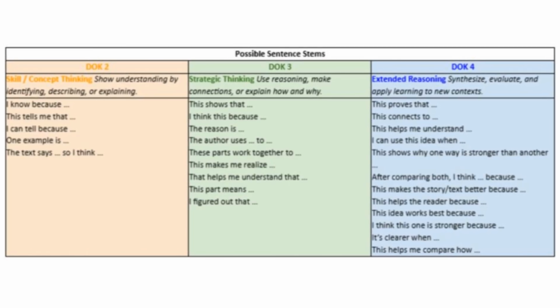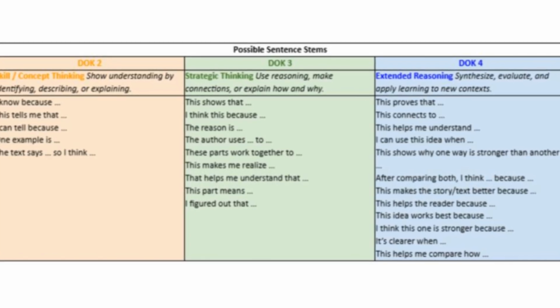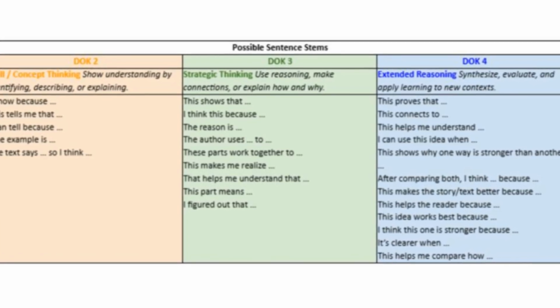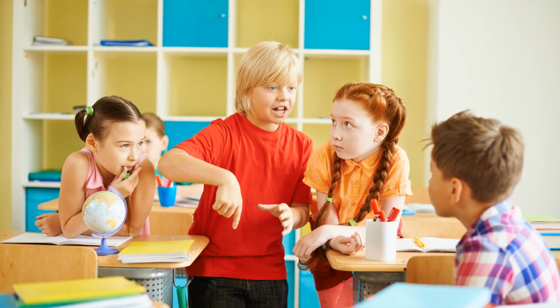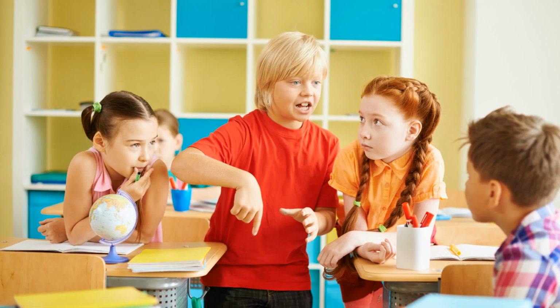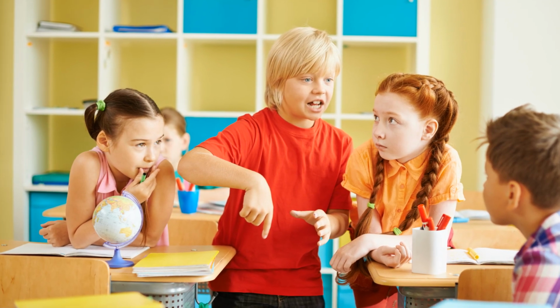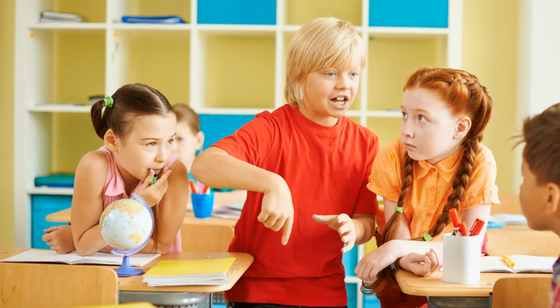DOK4 stems like, "After comparing both, I think," or "This proves that," invite students to evaluate, justify, and synthesize information. Encourage students to use these stems during turn-and-talks, annotation notes, and small group discussions. Over time, this shared language builds confidence and independence in academic reasoning.